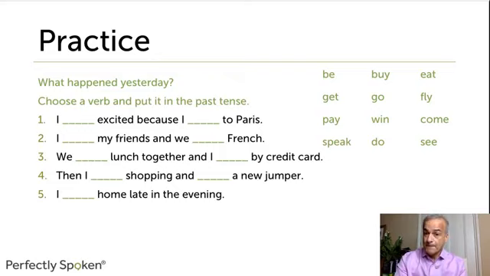I saw my friends. We spoke French. We had lunch together and I paid by credit card. Then I went shopping and I bought. I got home late in the evening. Those are possibilities. You try writing.